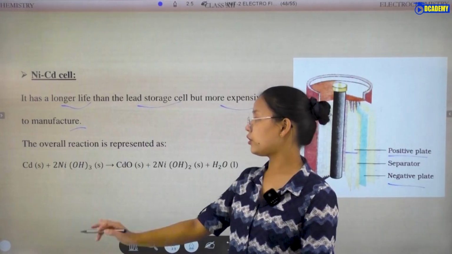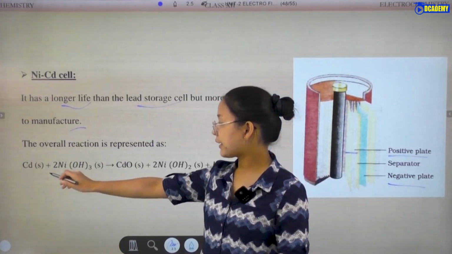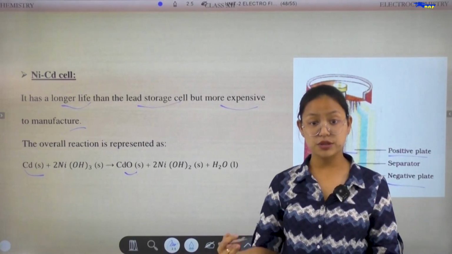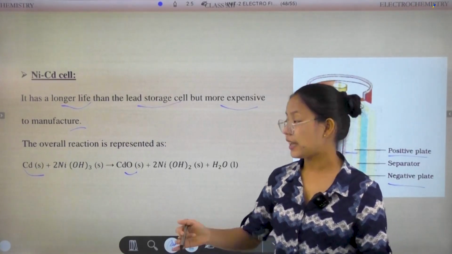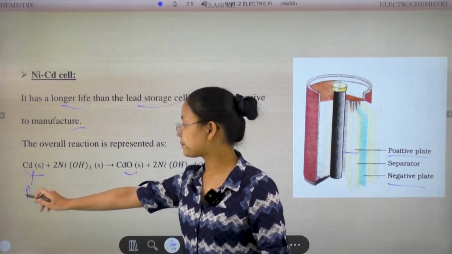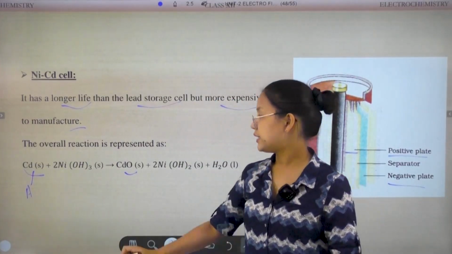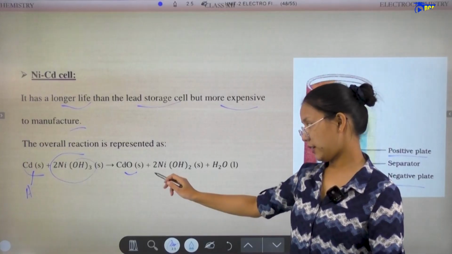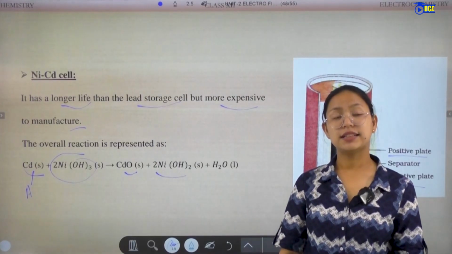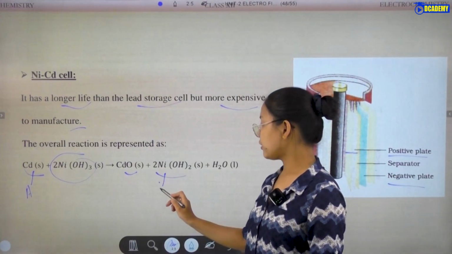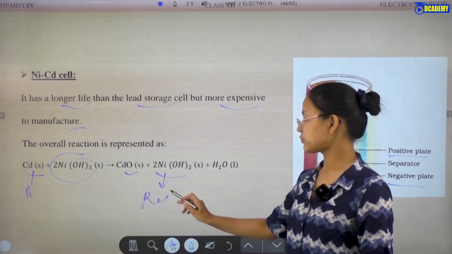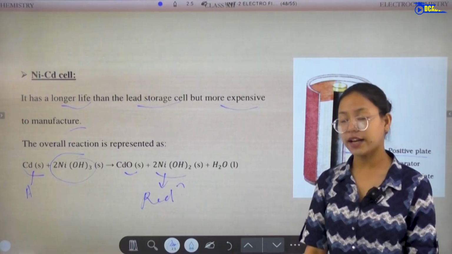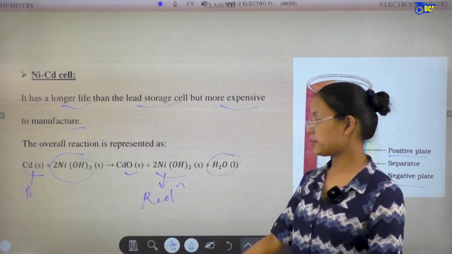Then the overall representation: cadmium is oxidized to form cadmium oxide, so that means cadmium is the anode. Nickel forms hydroxide, that means reduction, removal of oxygen, and water is released.